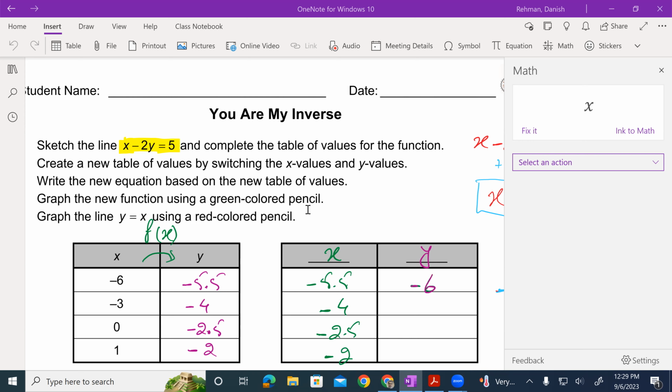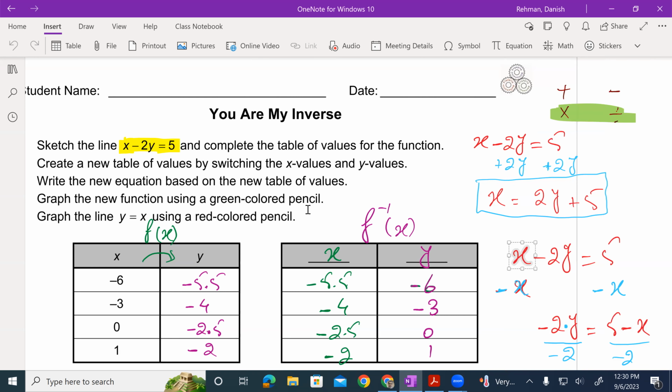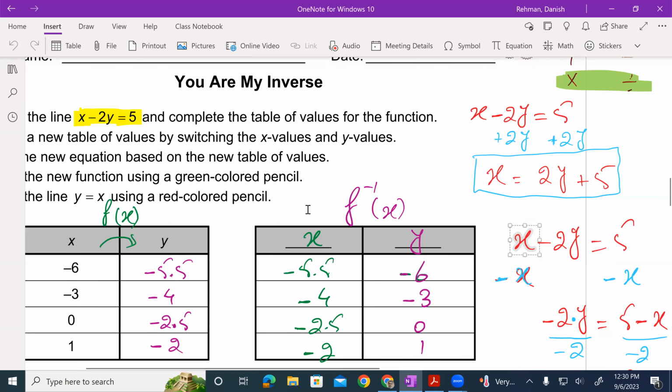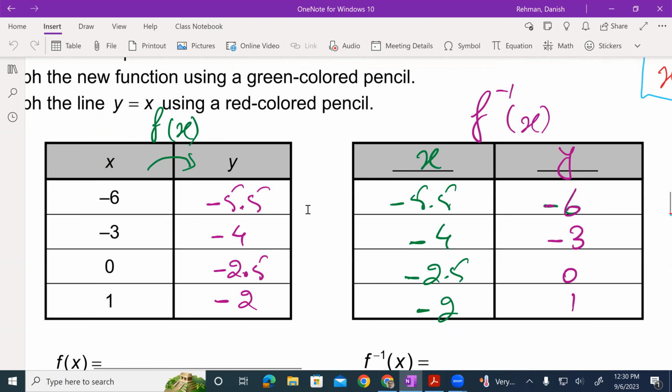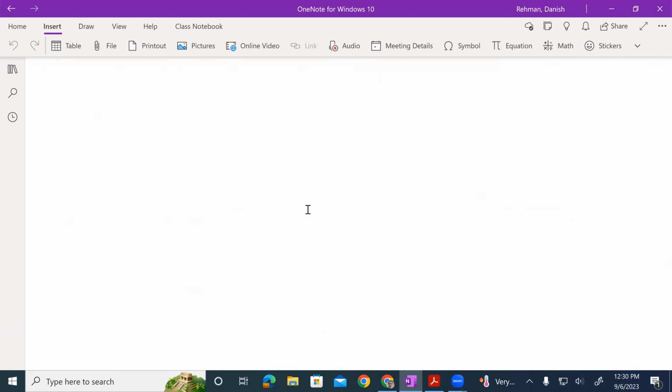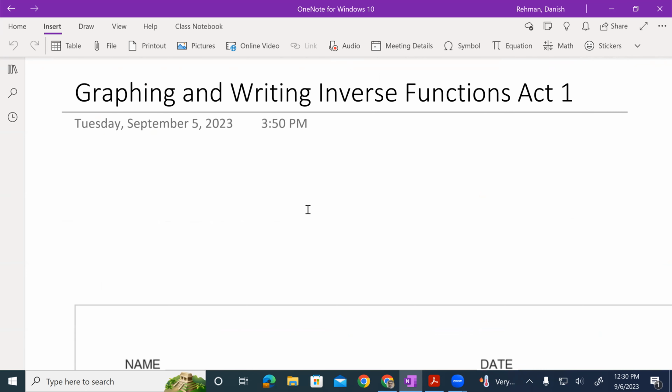Is it difficult? What did I do? I just switched the x and y. With this simple operation, this function is now an inverse function. I will name it f raised to power -1 of x, and we call this f inverse of x. So what did we do here? Look at this portion only. We switched the values of x and y with each other.